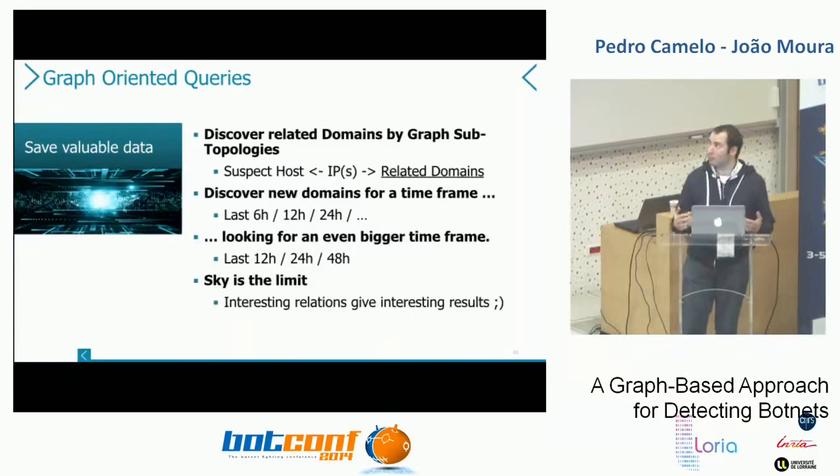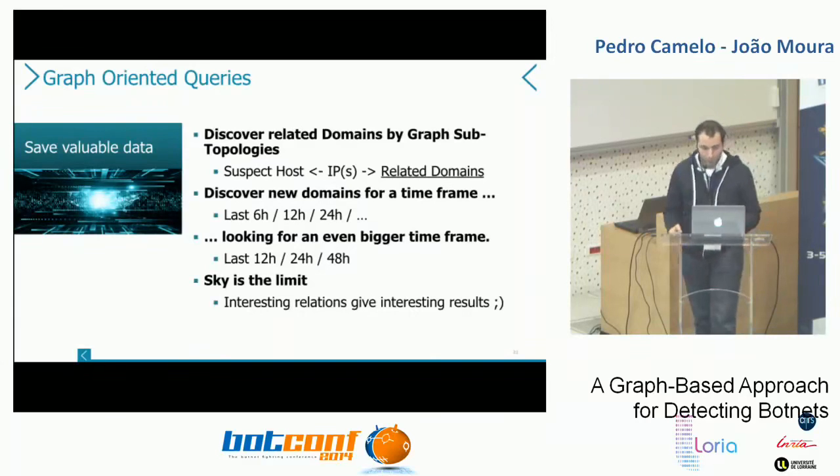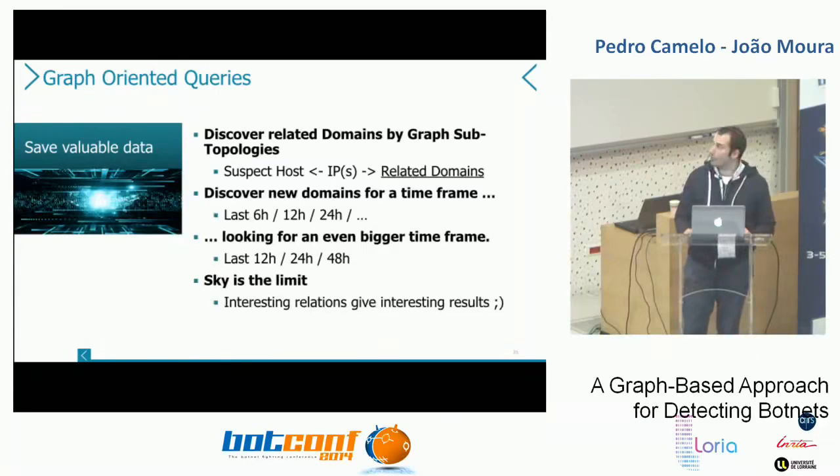We just make a query to discover what domain names appeared in that period of time, and then we correlate with information from double the time window we are looking at. If we were looking at 6 hours, we would watch 12 hours. If we watch 12 hours, we would be looking at 24 hours, and so on.